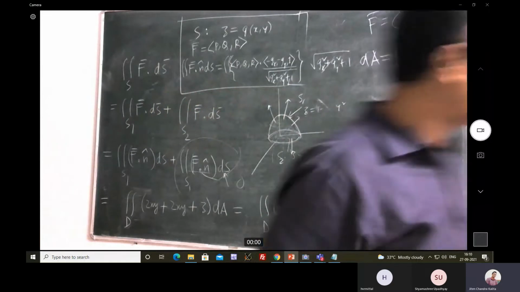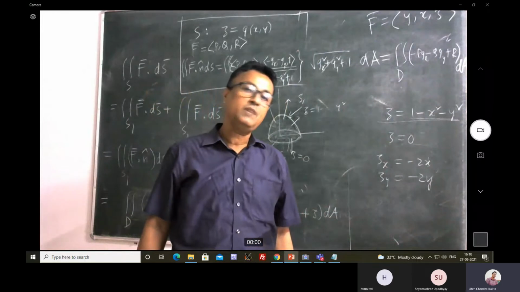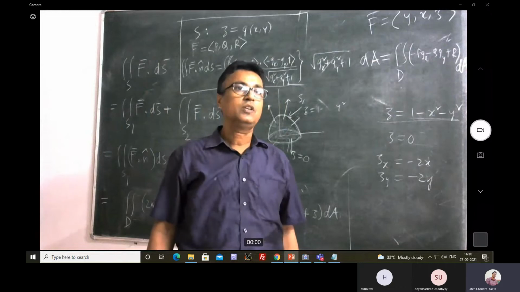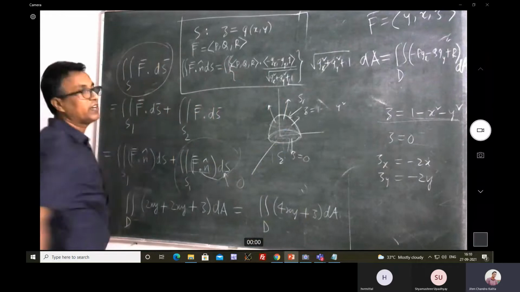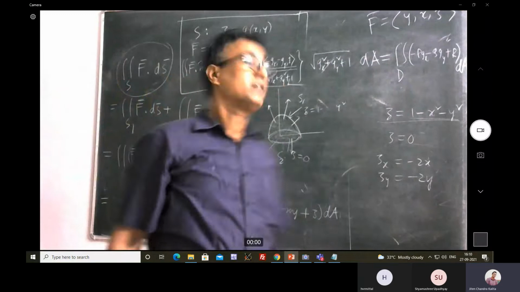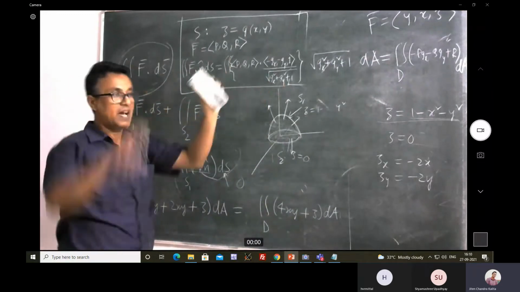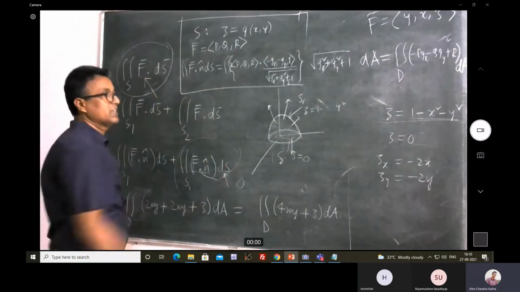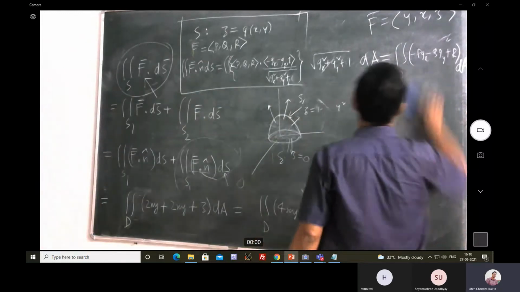Please remember that if you are given a problem of surface integral of a vector function, you may not be told to evaluate it in this form, but you will be told to evaluate the flux of the vector field F over the surface S, which will be given by some expression. Then you have to evaluate this integral. That's it.